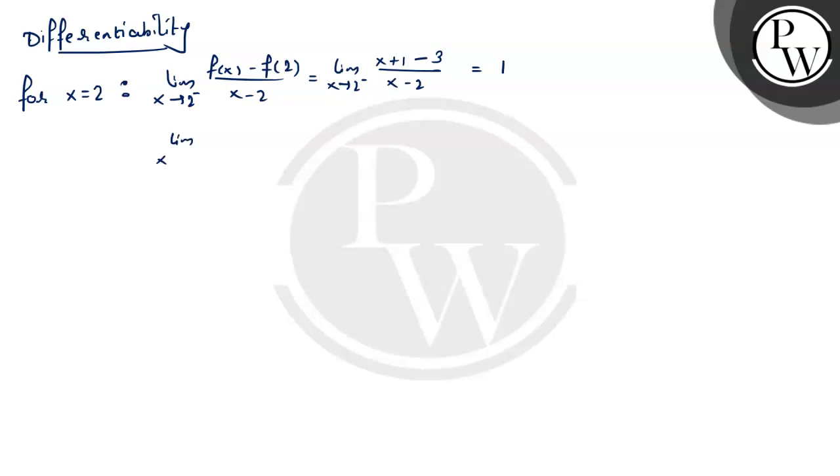Next we have the limit as x tends to 2 plus of f(x) minus f(2) divided by x minus 2. To the right of 2 we have the function 3 times x minus 1. So we have the limit as x tends to 2 plus of 3x minus 1 minus 3 divided by x minus 2. So this gives us 3.